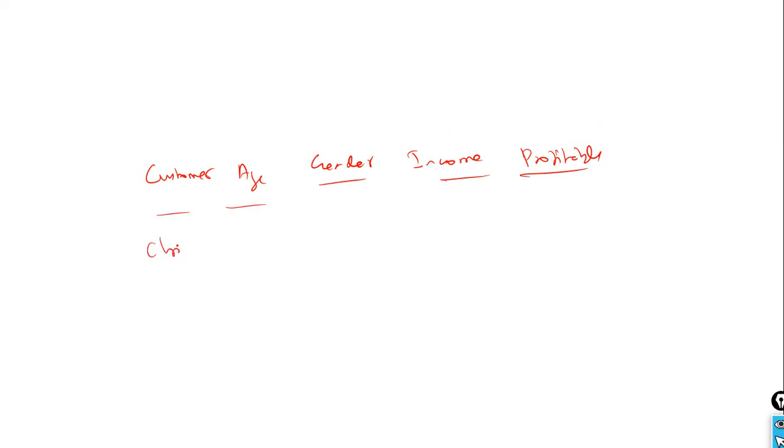For example, this is a given data set. Let's say you have customers who applied for a loan with your bank. You have the customer name, age, gender, and income, and whether the customer is profitable. If the customer is profitable, we can approve the loan to him. The customer names are something like Chris, John, and Anwar.